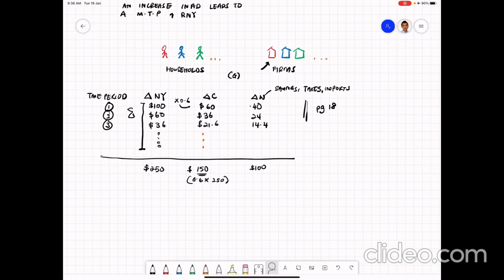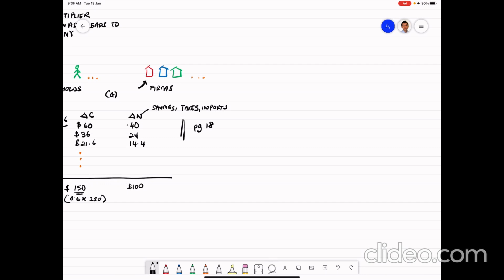Okay. So let's formalize it. I'm actually going to be summarizing pages 19 to 21. Okay, so this is a summary. Then we'll wrap up all these principles herein. So first principle: this process, the multiplier, is based on the principle that one man's spending is another man's income.